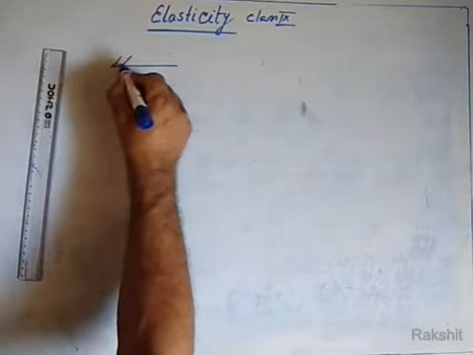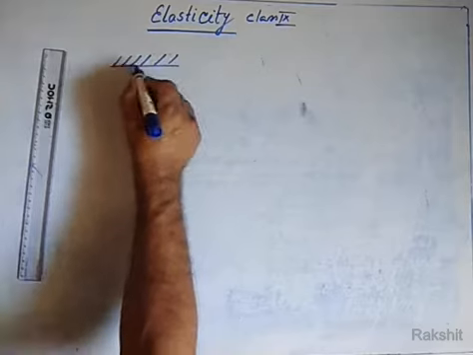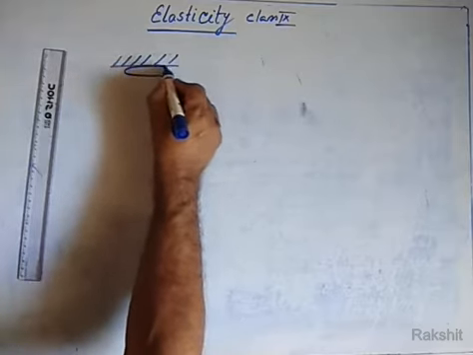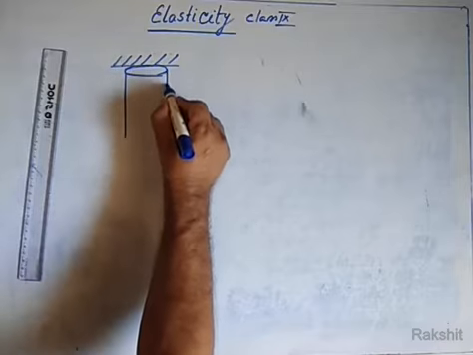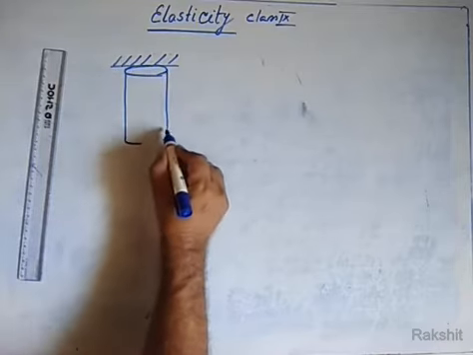This is the ceiling of your room, and from the ceiling you have attached a rubber tube like this.